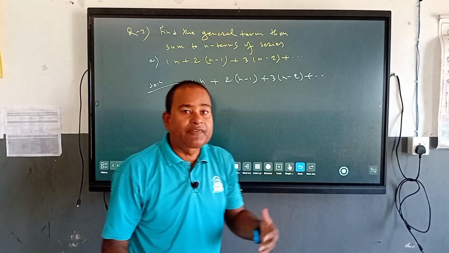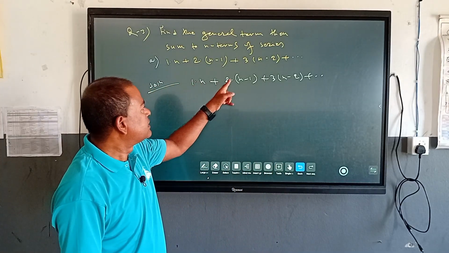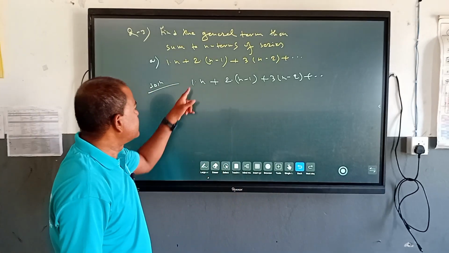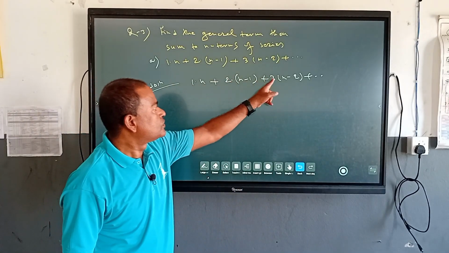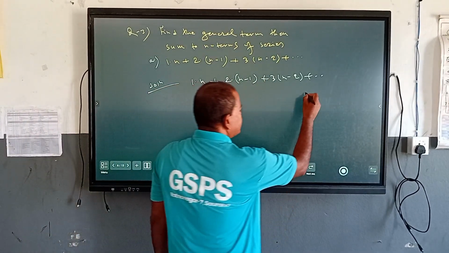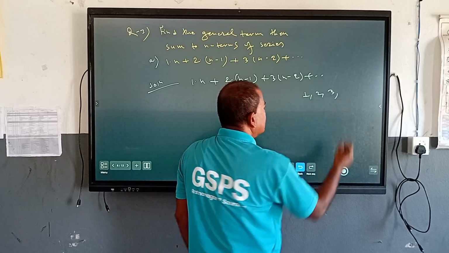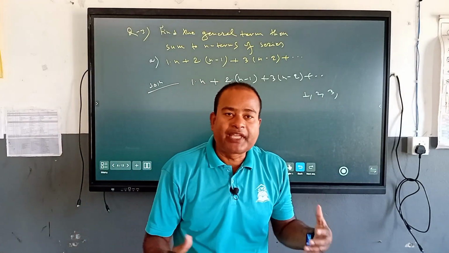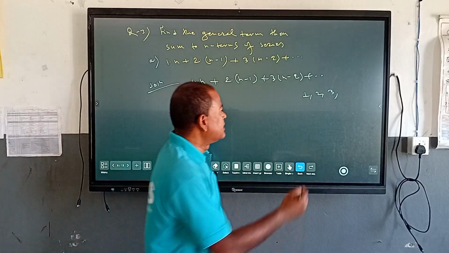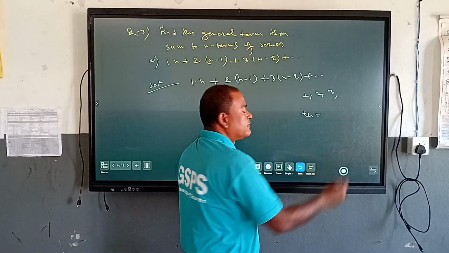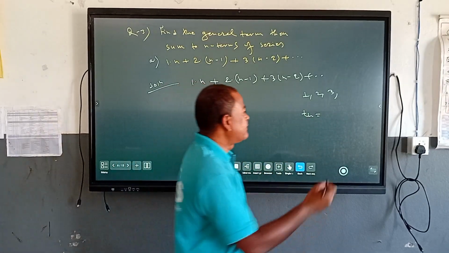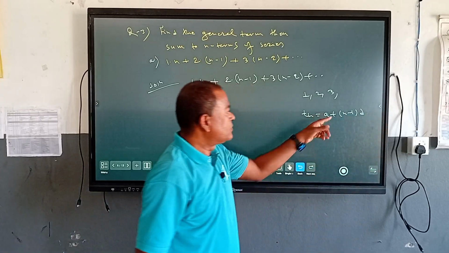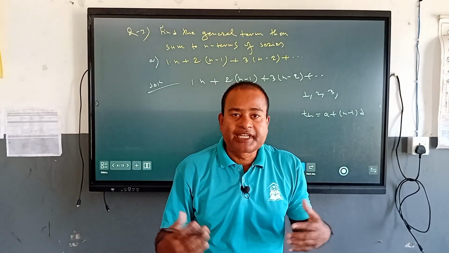So at first we'll find out the general term of the first numbers. That means we'll find out the general term of 1, 2, 3 and so on. So dear students, 1, 2, 3, they are in arithmetic sequence. So if any arithmetic sequence is given, then the general term of the arithmetic sequence we can find out by using the formula Tn equals a plus (n minus 1) times d.